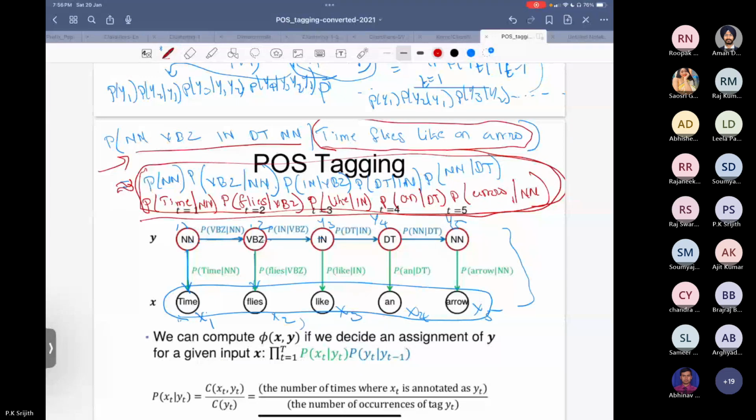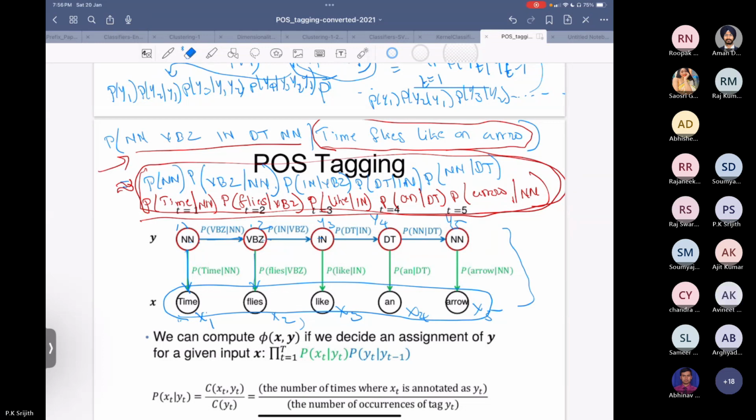Any question? During inference time, let's say we are predicting on unseen data, we would not know the Y's upfront. So how does one calculate? That's what I said: you consider all possible Y's, all possible tag sequences, compute this value for all of them, and choose the tag sequence which has the highest value.